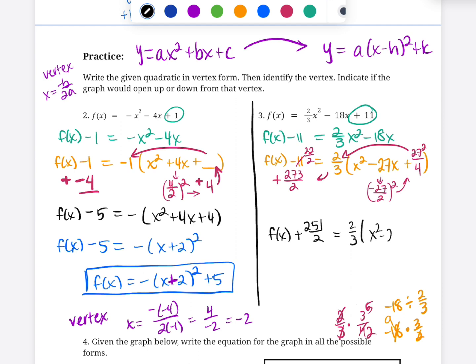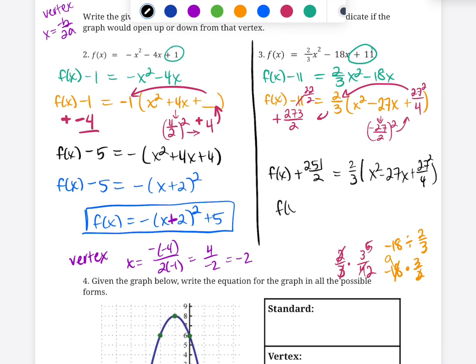of x squared minus 27x plus 27 over 4. That number is squared. Sorry, I meant to put that whole thing in parentheses. Oh, I'm sorry. Yeah, just the 27. My apologies. All right. Okay, so our final kind of crazy looking quadratic is 2/3 of x minus, now, 27 over 4, 27 squared over 4, came from 27 over 2.